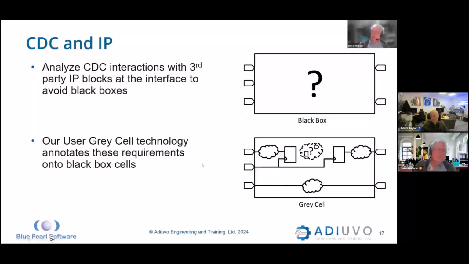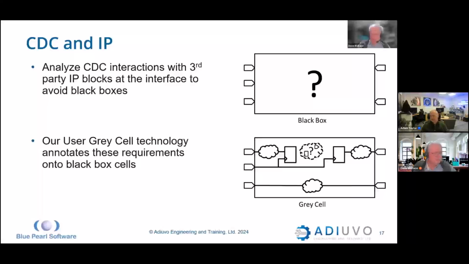So this is something where we have some technology called user gray cell, which annotates these black boxes with what's essentially a model of the outer ring of logic up to the registers and such, and will tell the CDC analysis, okay, this data here is expecting this particular clock. This data over here is originating from this particular clock. Here's some feed-throughs that just feed through combinatorially that you need to know pass the data straight through, so that we can model these cells even without knowing the full extent of the design, which you may not know.